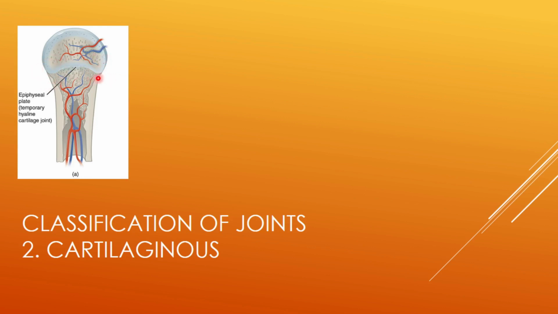We can see that here. So this is the epiphysis of a long bone, and this is the diaphysis of a long bone. And this growth plate that we mentioned is actually an example of a primary cartilaginous joint. So it's a plate of hyaline cartilage which remains for the entire period that you are growing, and then once you've finished growing, it's obliterated. The hyaline cartilage completely disappears and is completely taken over by bone.